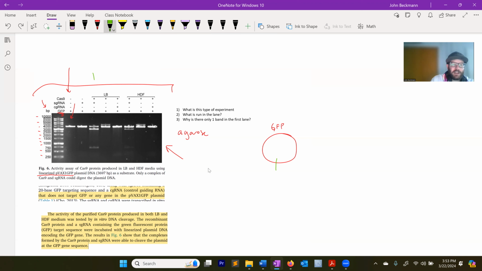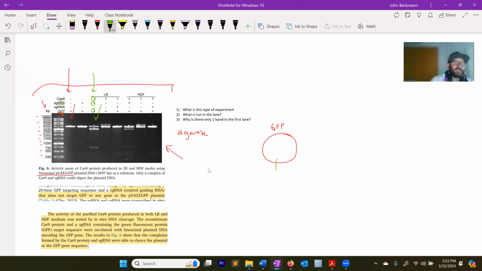Okay, now then look at this lane, which has plus Cas9, plus a guide RNA, and plus the plasmid. The guide RNA is targeting the GFP gene on the plasmid, and what do you see happens to the plasmid? What happens?